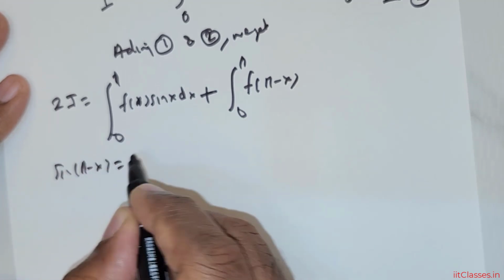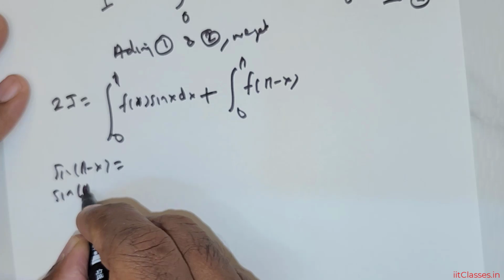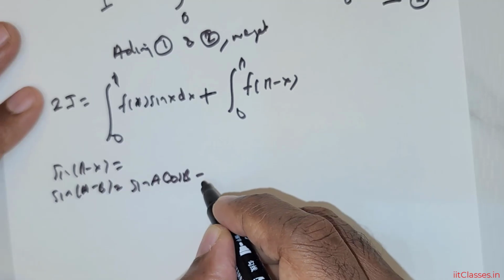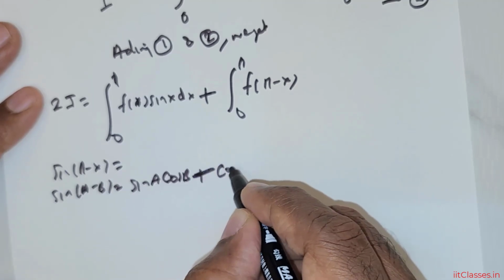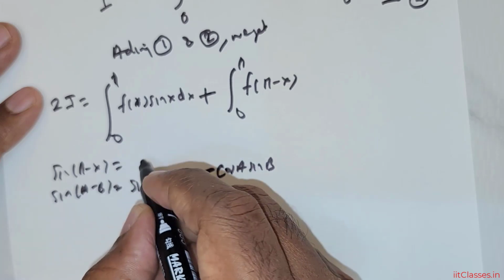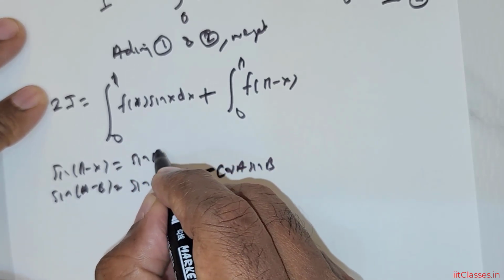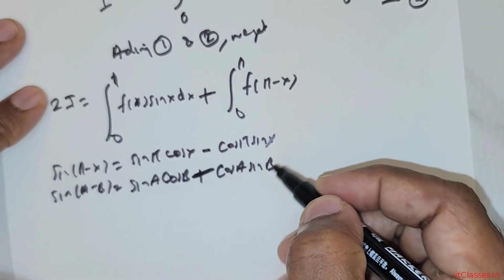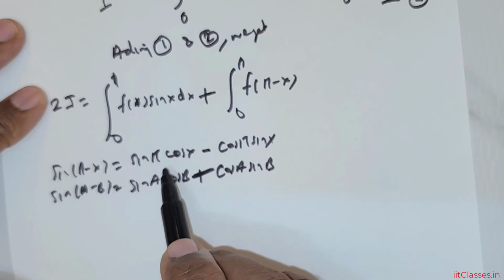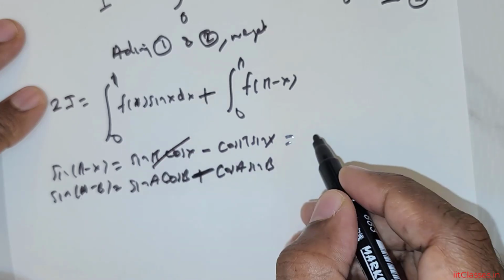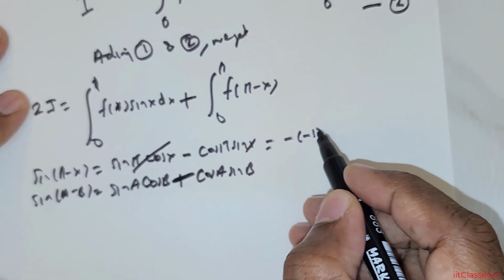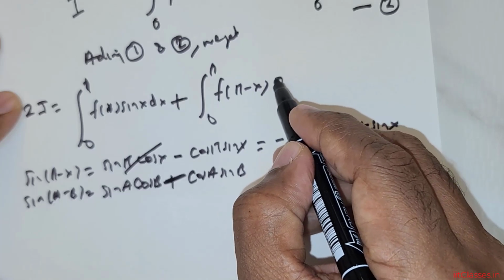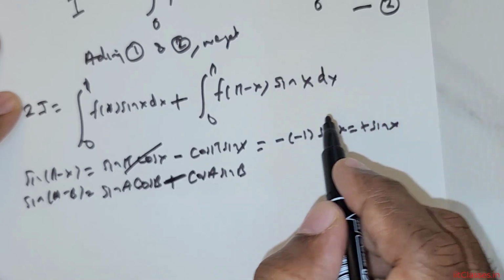Sine of (π − x) is of the form sine of (a − b), which is sin a cos b minus cos a sin b. So this is going to be sin π cos x minus cos π sin x. Now sin π is 0, but cos π is negative 1. So you have negative of negative 1 multiplied with sin x, which is positive sin x. So this is going to give us sin x dx.